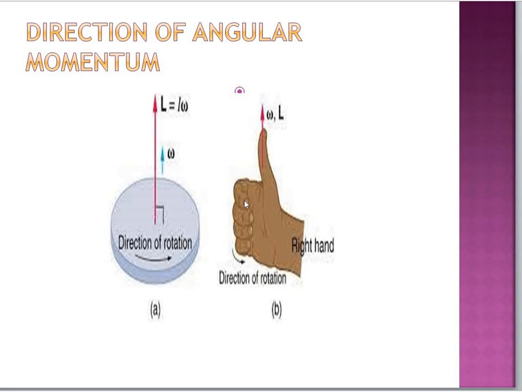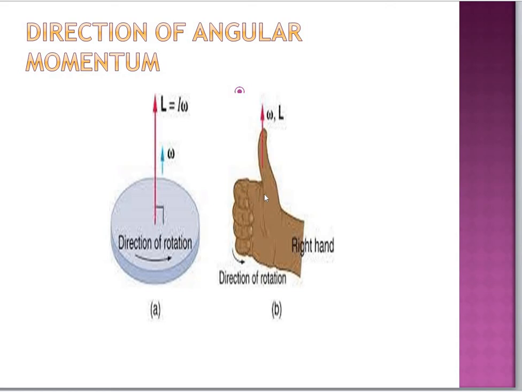This is applicable for the cross product of any two vectors. First you put your fingers in the direction of the first vector and turn it into the direction of the second vector in the smallest angle. You have two angles. So this is the first vector direction and this is the second vector direction.